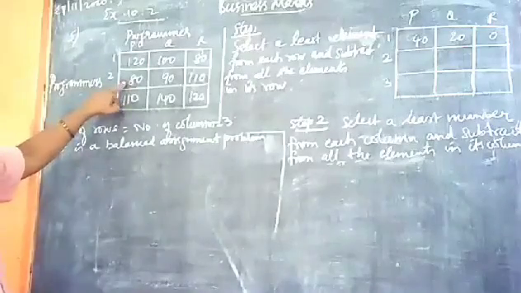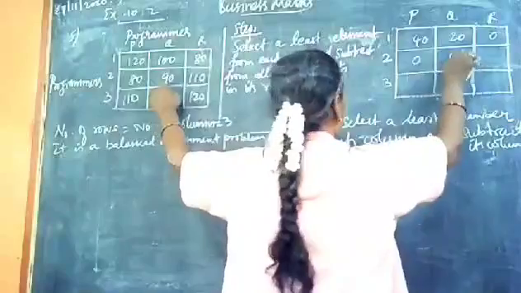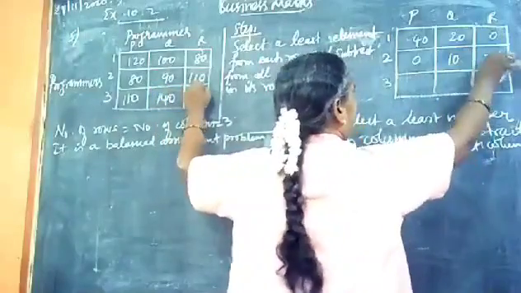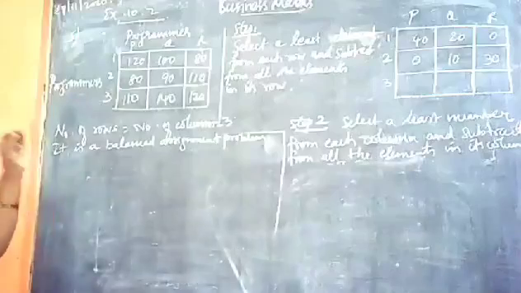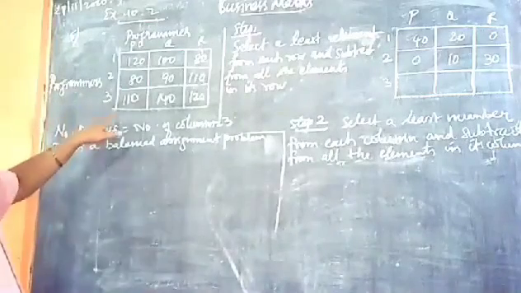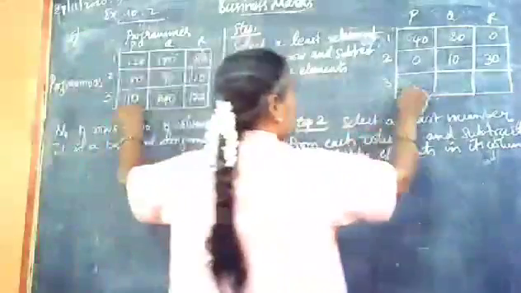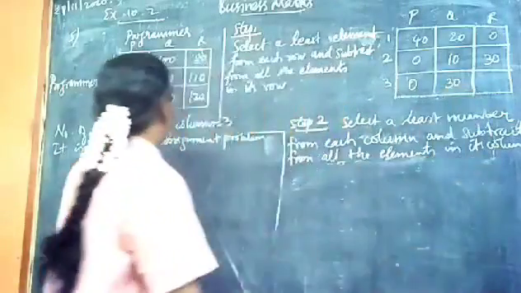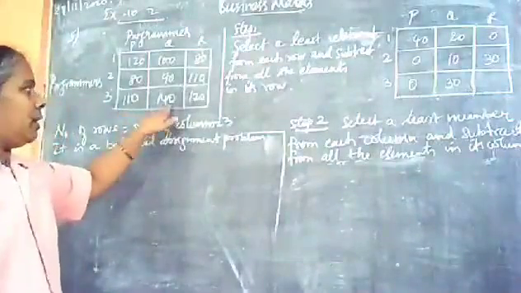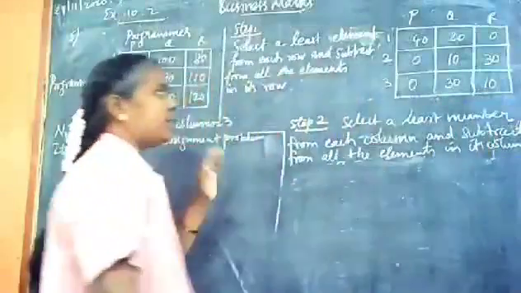Minimum number is 80. 80 minus 80 is 0. 80 minus 90, 10. 80 minus 110, 30. Okay? You don't write negative answers, children; subtract so that a positive answer comes. Here the minimum number is 110 and the answer is 0. Here 30. Okay, 110 minus 140. 110 minus 120, 10. Yes, we received the row-wise answer.